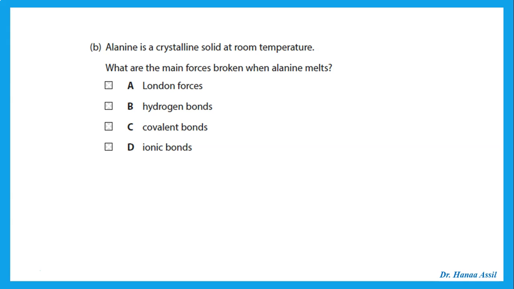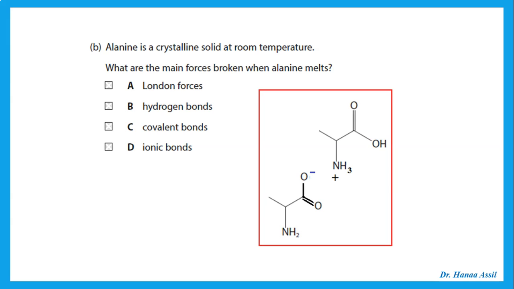They also have hydrogen bonds, and they have covalent bonds inside their molecules, but when they melt, the bonds that are broken are the ionic bonds, because remember that the amino acids have an acid part that will exist in the form of COO minus and an amine part that could exist in the form of NH3 plus. So there would be ionic bonds between the molecules, and these are the strongest bonds that are being broken when an amino acid melts.